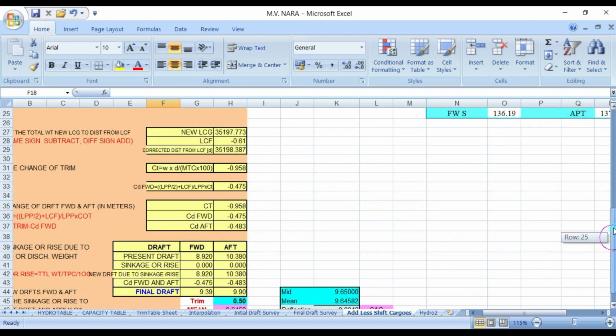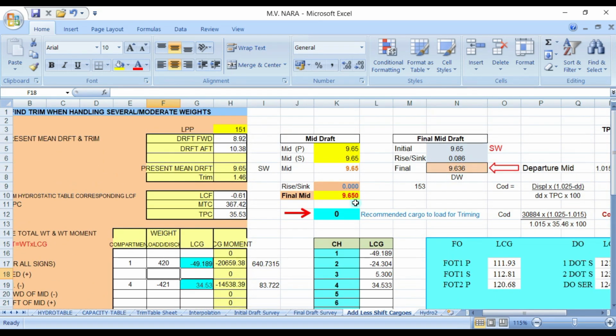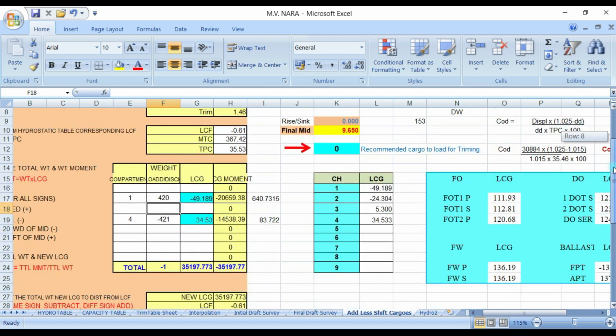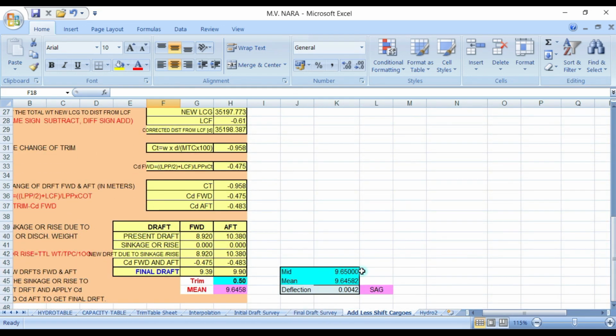Look at the mid drop. You have an actual mid drop of 9.65, which is this one. This is the actual reading, so that will also be your final mid drop, because you only have to ship cargoes from hold number 4 to hold number 1. So that will be your mid drop here, 9.65, and your mean drop will be 9.64.